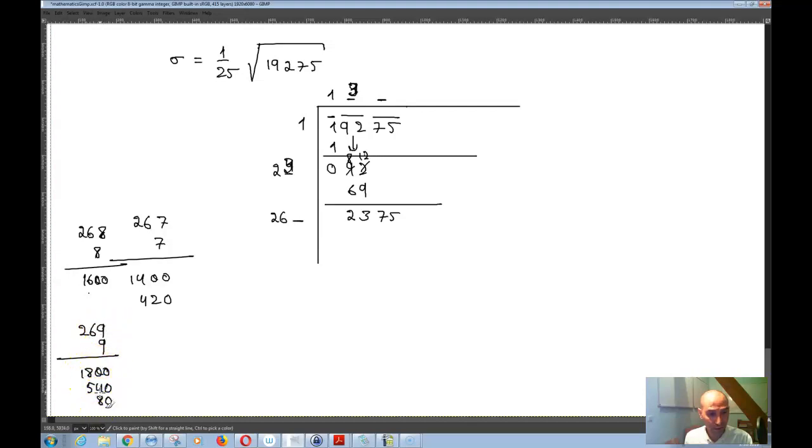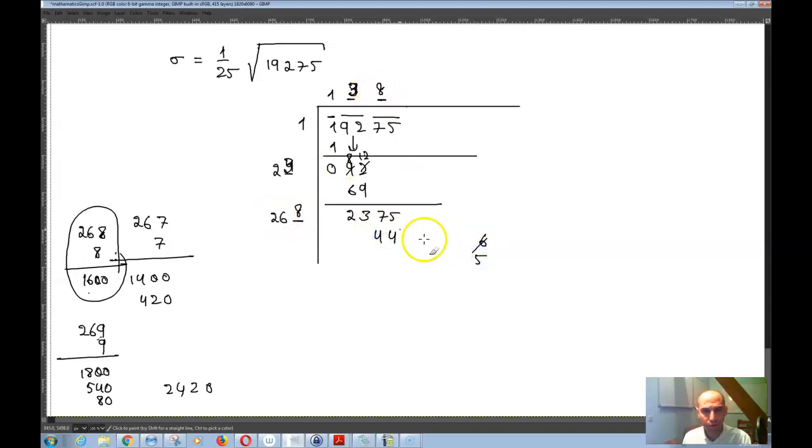So 9 is not possible, but you can go with 8. So 8 and 8. 8 times 6 is equal to 48. 48 plus 6 is equal to 54.